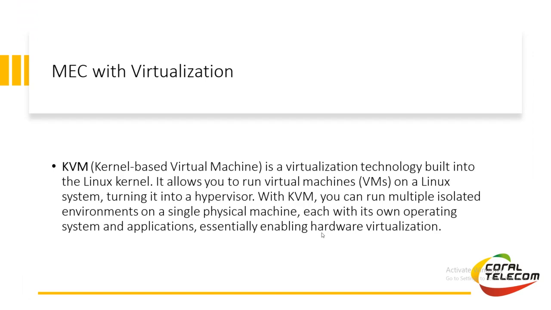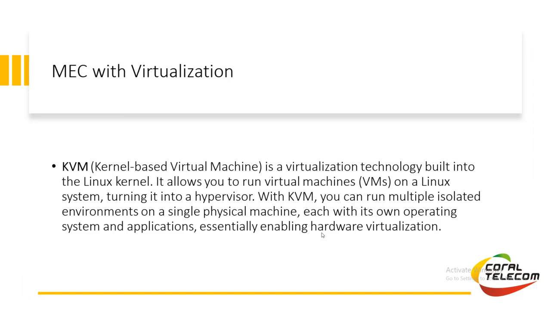As we discussed earlier, the MEC architecture is based on virtualized technology. So KVM is the component that is responsible for the virtualization layer, and over the virtualization layer there are multiple guest machines, you can say, the MEC Core and the Edge Core.